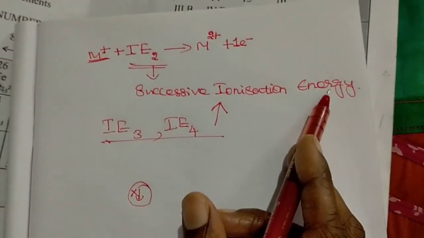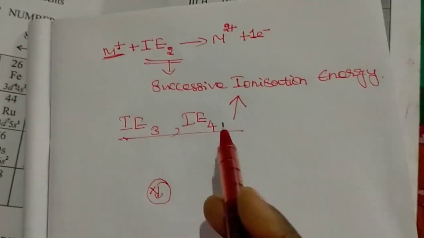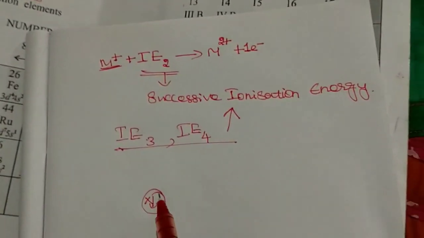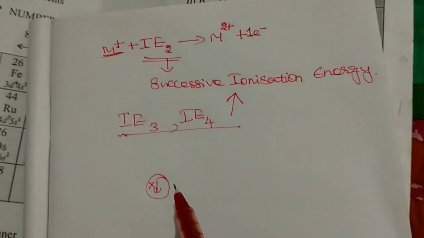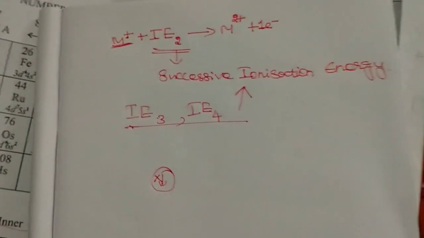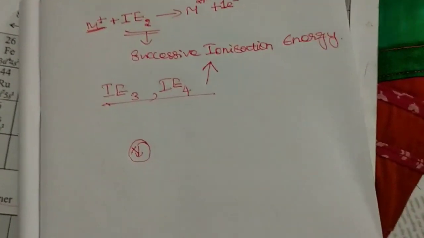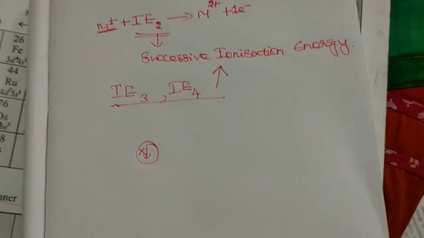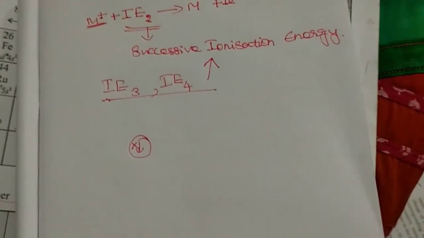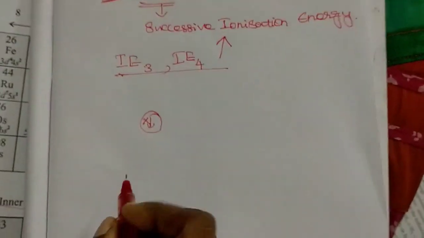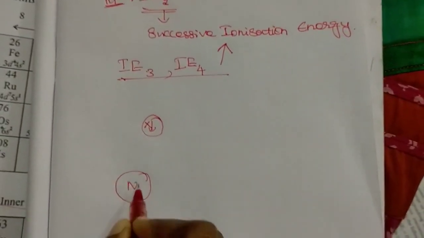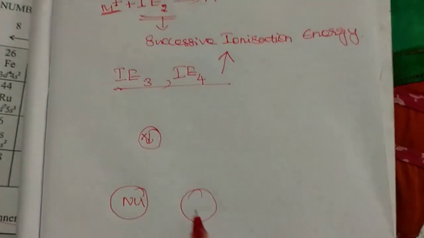It is not removing protons from the nucleus. Therefore, the effective nuclear charge of the cation is higher than the corresponding neutral atom. Take one neutral atom and one cation.